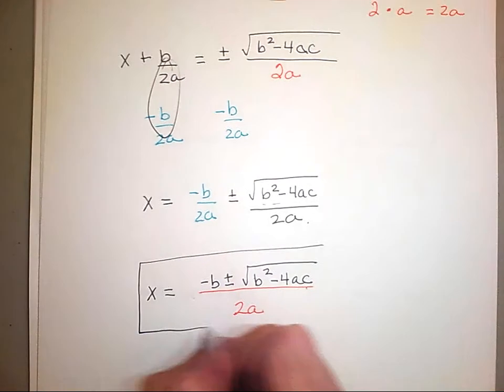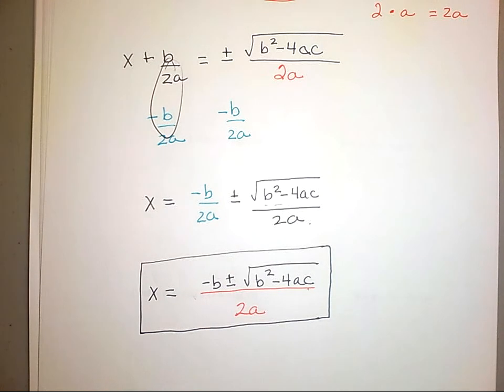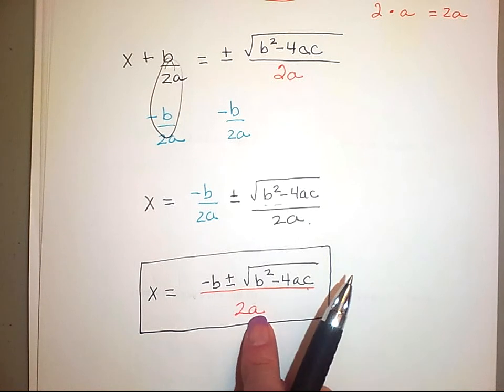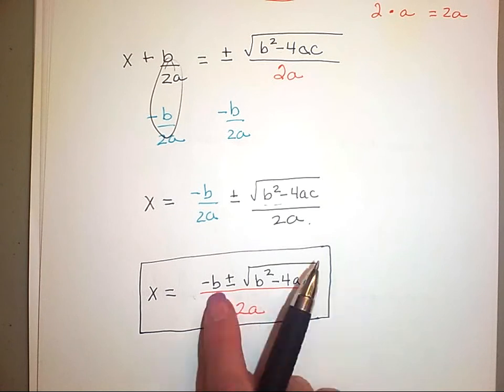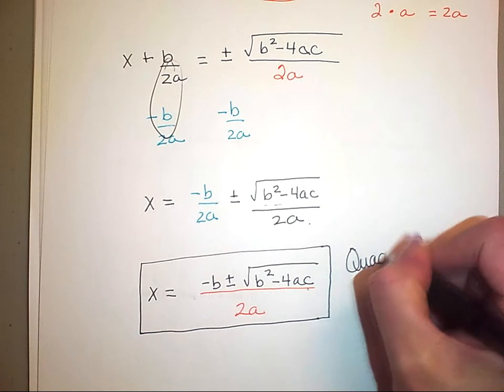And that is the form the solution to any quadratic must have. Because this is very explicit, that is, we can solve any quadratic in terms of its coefficients a, b, and c, this is also known as the quadratic formula.